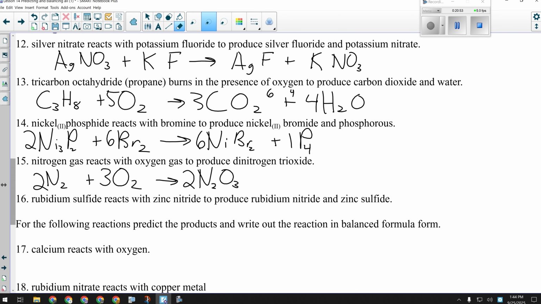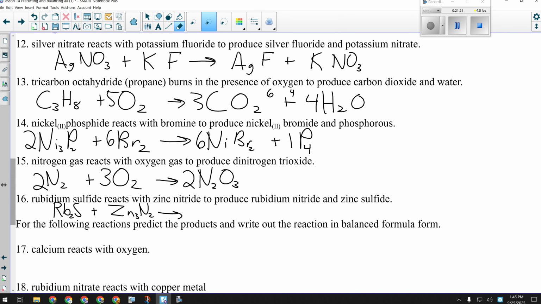Okay. And then the last one in this set, we've got rubidium sulfide. So rubidium is Rb. It's a +1. It's with sulfur, which is a -2. So we need Rb2S. Okay, it's reacting with zinc nitride. All right, so Zn, that's a 2+. Nitrogen is a -3, so Zn3N2.